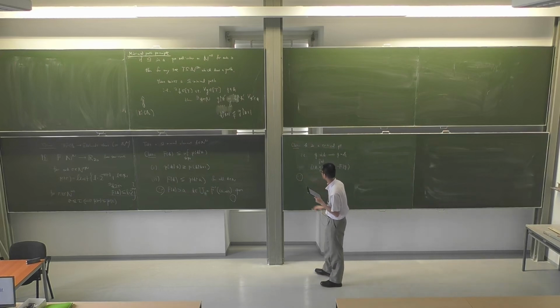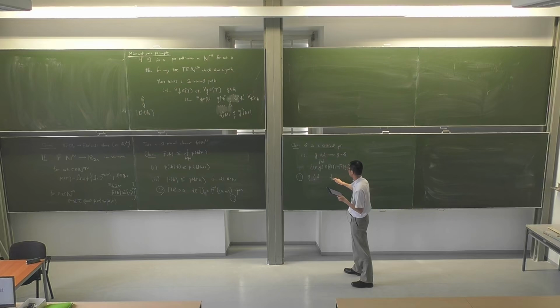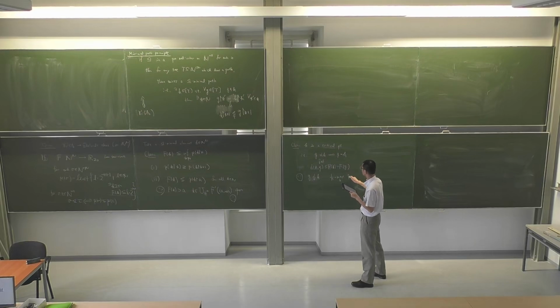Why does this happen? If g is strictly below h, I mean g is not equal to h, then let k be a natural number such that g restricted to k is equal to h restricted to k.